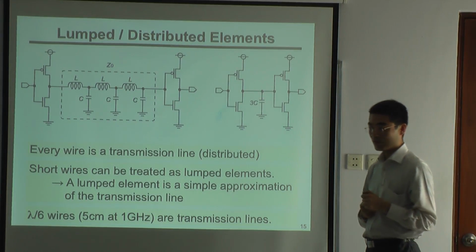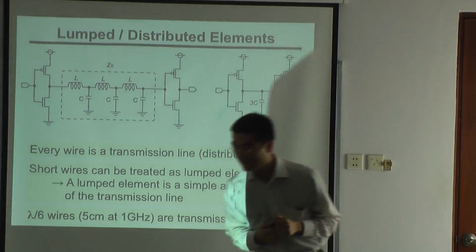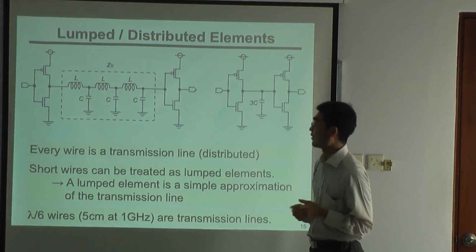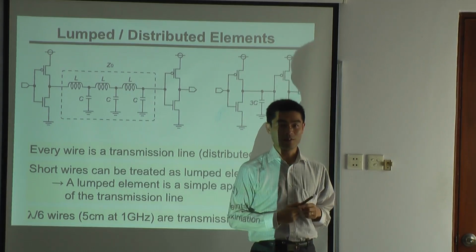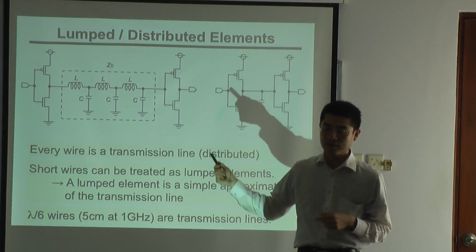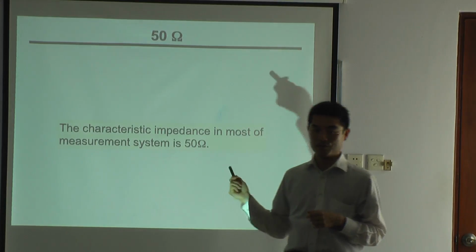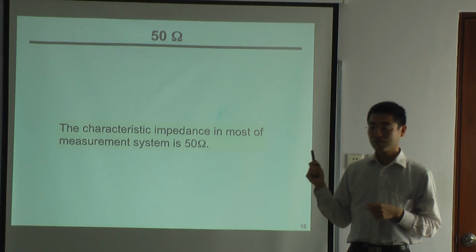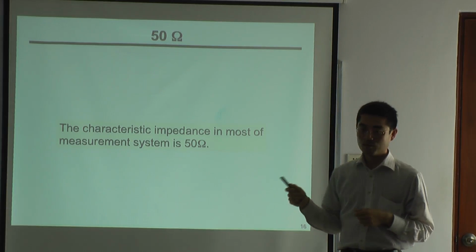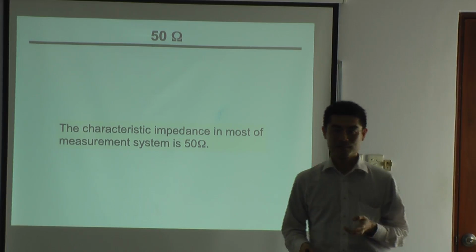And usually in standards, we have standards for Z0. Usually the standard says Z0 is 50 ohm. I'm not sure why we use 50.